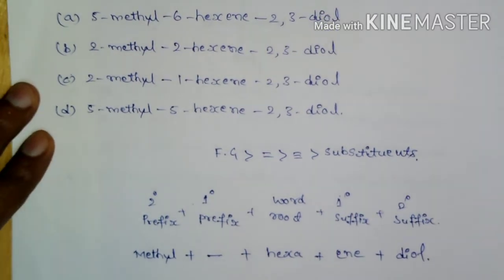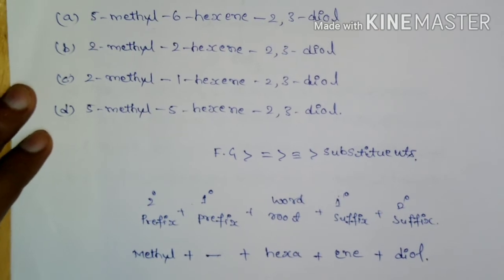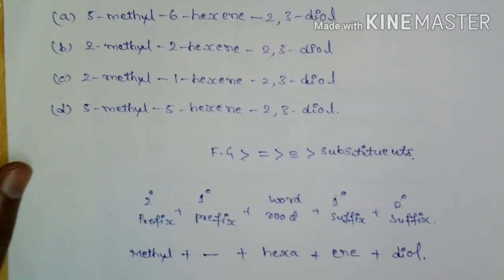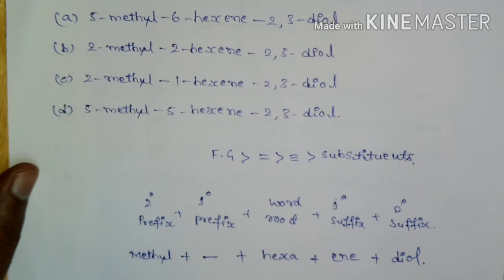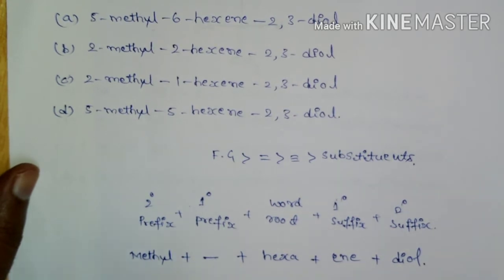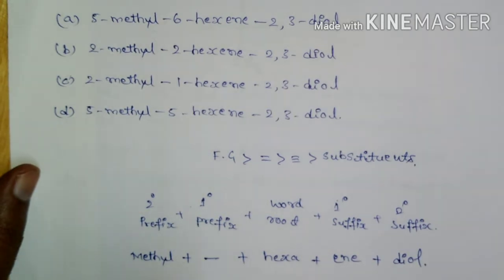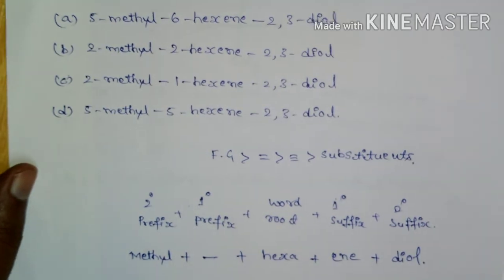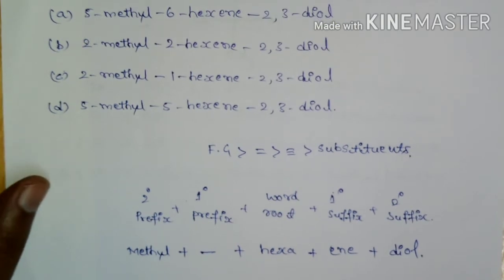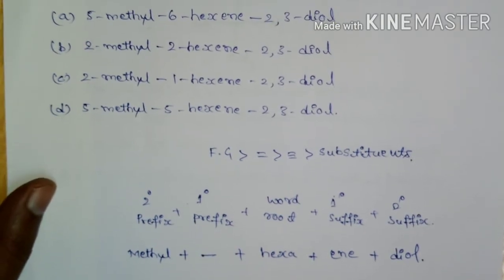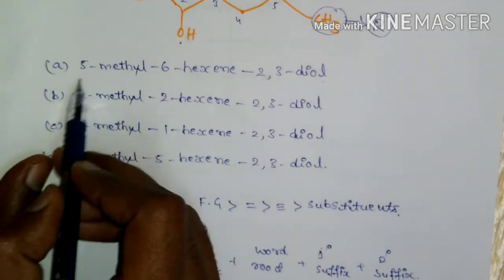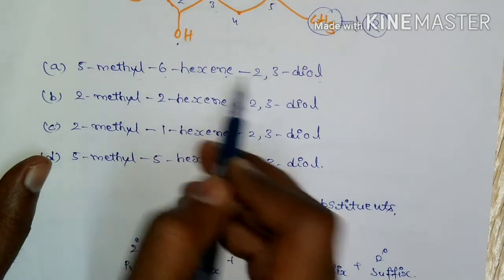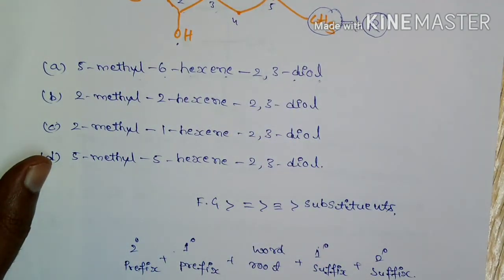Now we need to number, or we need to give where that substituent is present. So this is the methyl hexene diol. Now what we need to do is mention where the substituent and where the double bond is present. So if you see the first option, 5-methyl 6-hexene 2,3-diol.